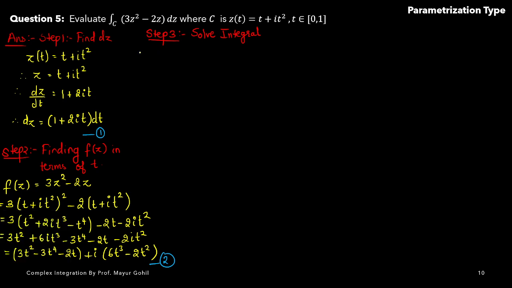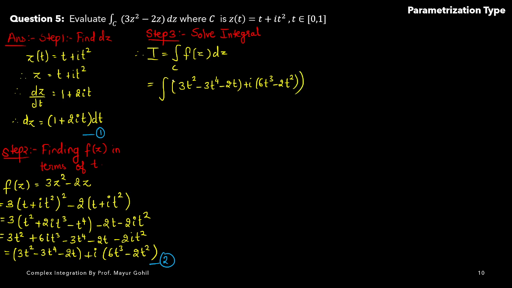So I equals integral over c of f of z dz. We have found the value of f of z, that is 3t square minus 3t raised to 4 minus 2t plus i times 6t cube minus 2t square.